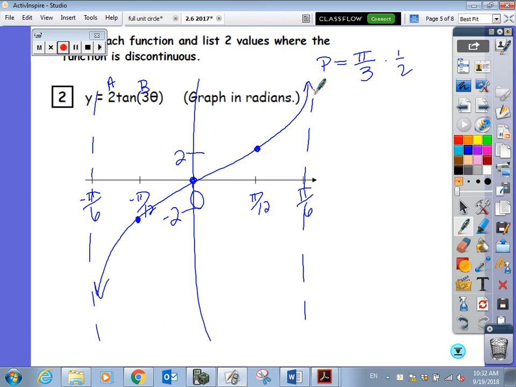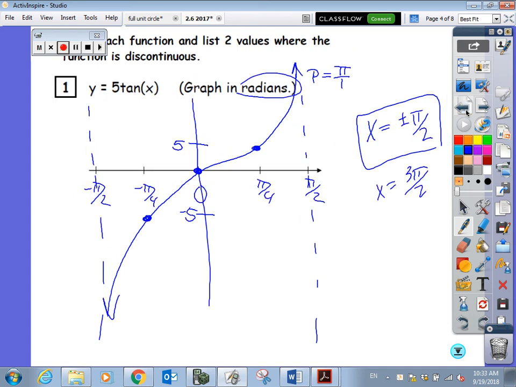The two places where it's discontinuous is at theta equals plus and minus pi over 6. So is pi over 6 actually undefined in this problem? Okay. All right, so this problem said tangent of x, right? So 5 times the tangent of pi over 2.